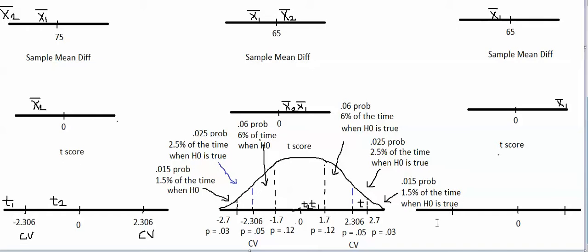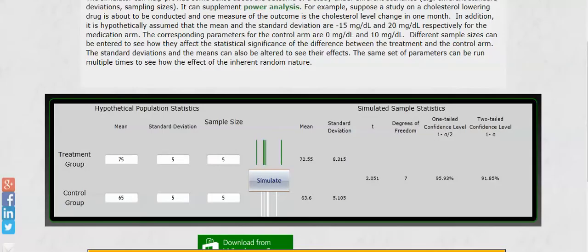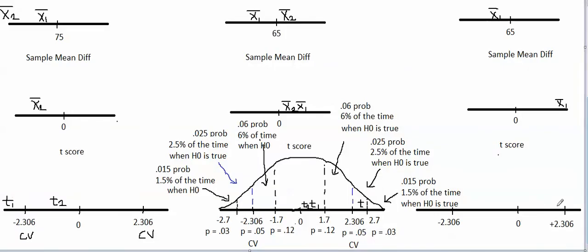It's negative 2.306 and plus 2.306. This is all you have to do. This work is only for the middle one. What did it come out to? 2.05. That's a little bit short of the critical value. It's in here, so it's actually in the non-rejection region between the critical values.